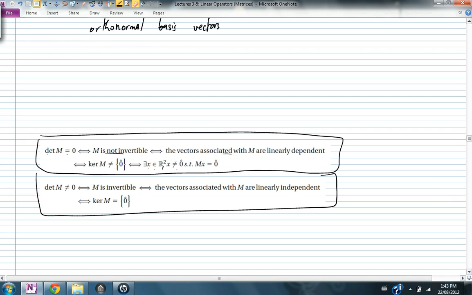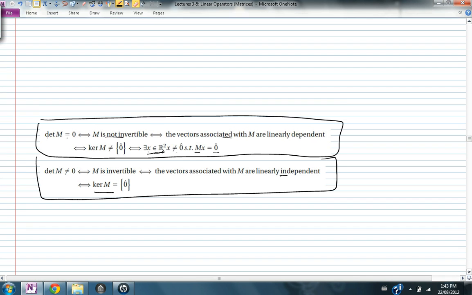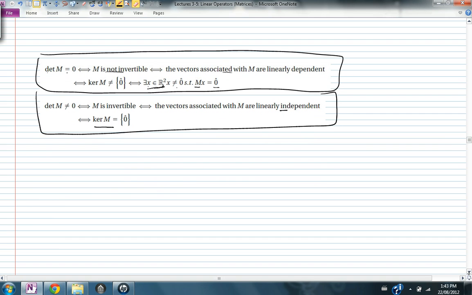So there is a vector in R2 or in R3, wherever we're working, that is not 0, yet when the matrix is multiplied by this vector, I get a 0 vector. And the opposite statement, if the determinant of M is not equal to 0, that's equivalent to M is invertible. That means that the vectors associated with M are linearly independent, which also means that the kernel of M only has the 0 vector.